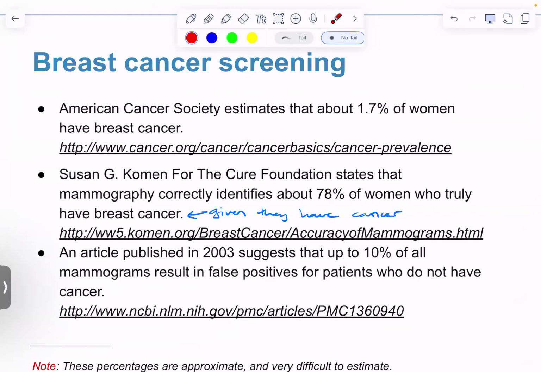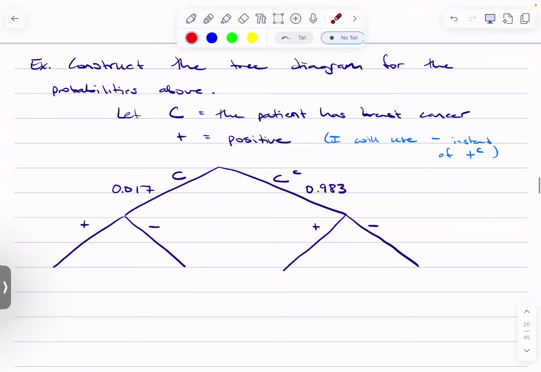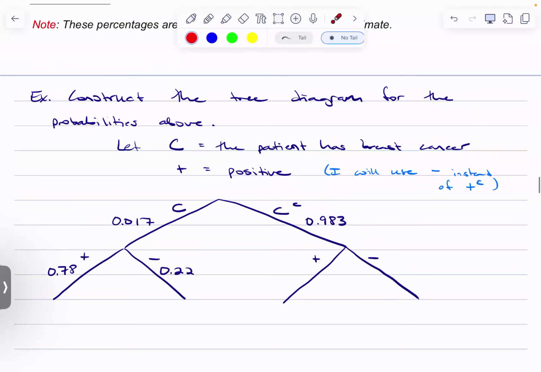So you kind of have to think about that one, but with a little bit of convincing yourself, the probability of getting a positive result given that you do have cancer is 0.78, which means the probability of getting a negative result is 0.22, which in my opinion is quite high, bad.